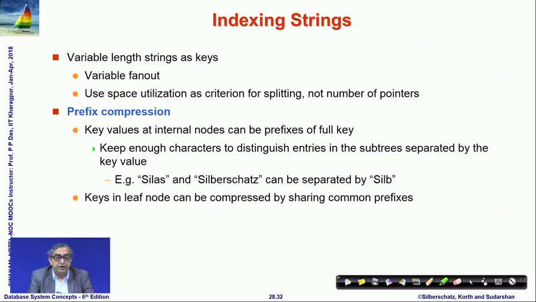So, if you have Silas and Silbert's, then you can easily make out that SILB would be a separating string between these two. SILB will match with Silbert's, but will not match with the first one. So, you do not need to look beyond that. So, we can just keep enough characters to distinguish entries in the subtree separated by the key values, and keys in the leaf node can be compressed by sharing common prefixes. So, that is a very common strategy.